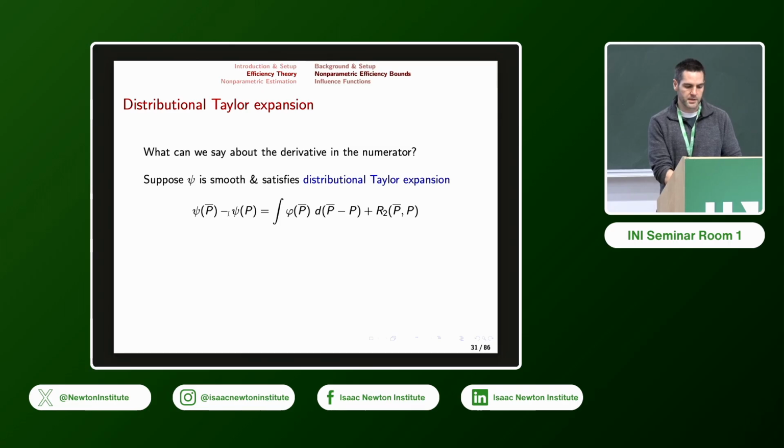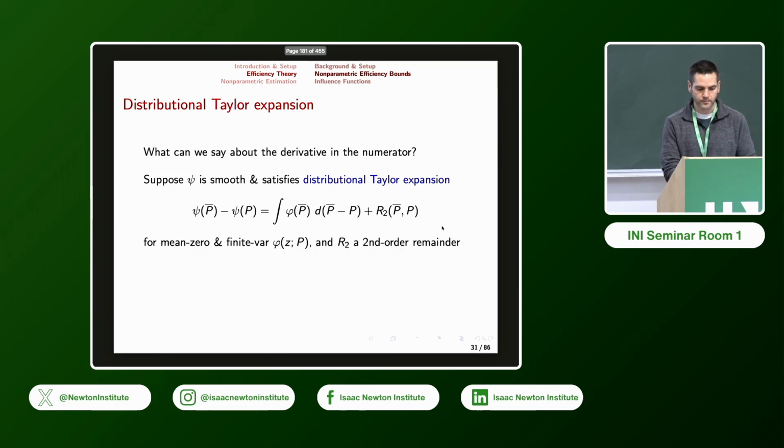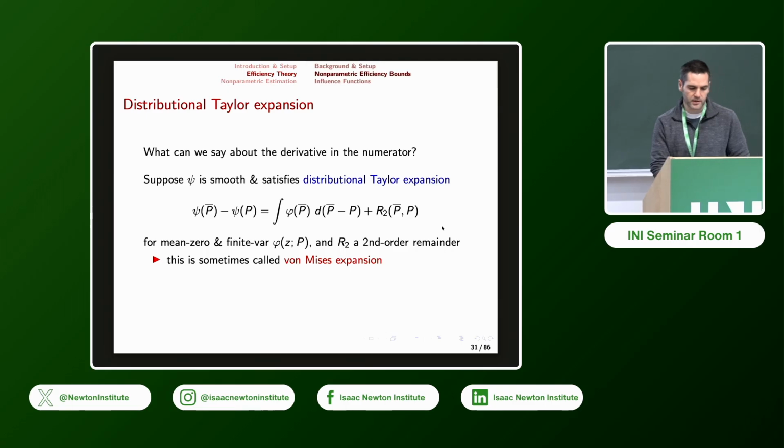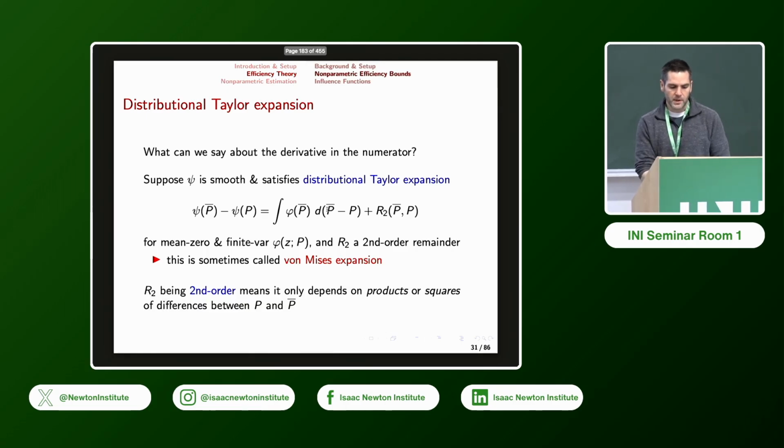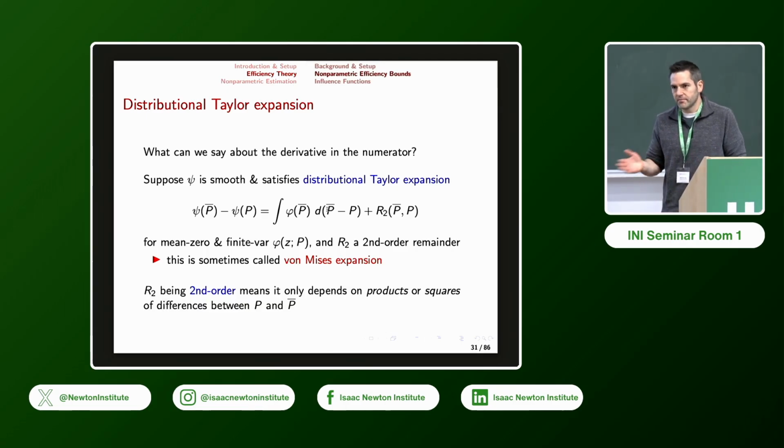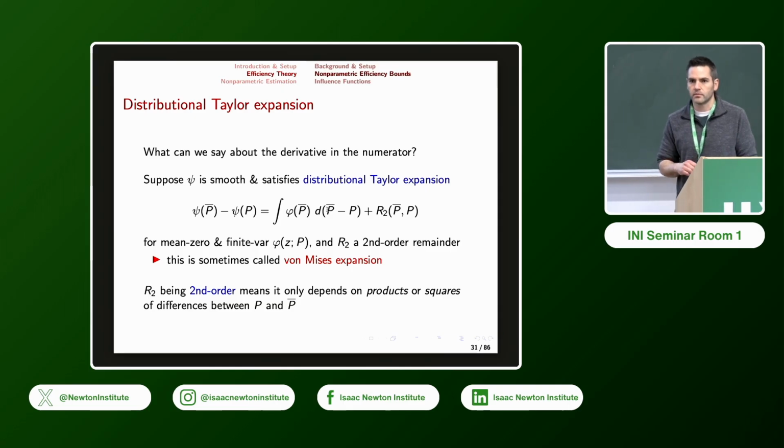So if you squint at this, this looks like a usual kind of Taylor expansion where I look at the function at one distribution versus another, and then this looks something like the difference between these distributions multiplied by something like a derivative, and then some remainder from this linear approximation. Okay, and this is sometimes called a von Mises expansion. But intuitively, this is really just a standard Taylor expansion, but on the functional scale, viewing functionals as functions of distributions.